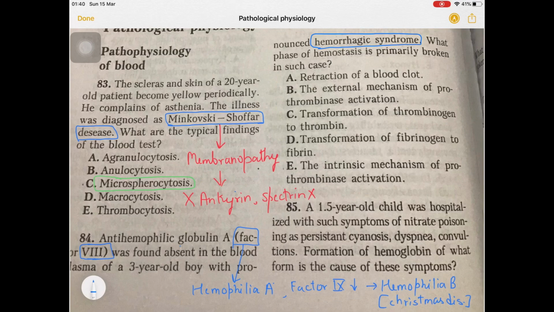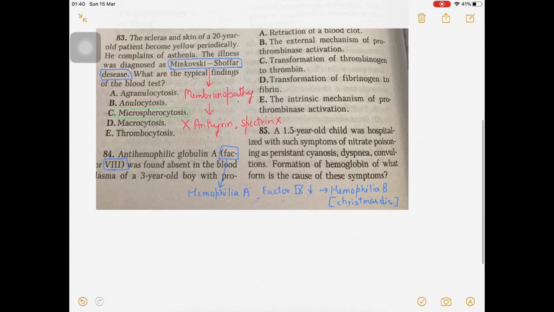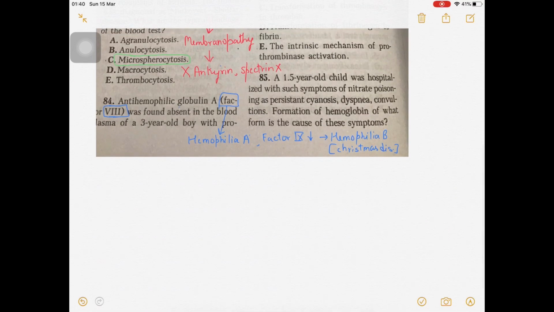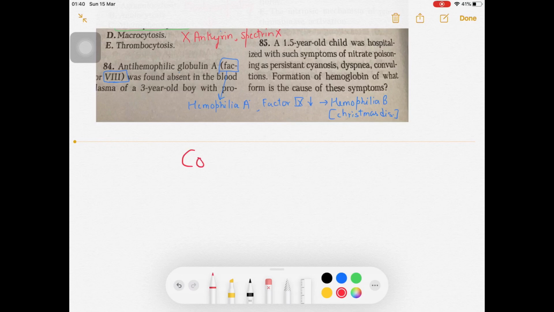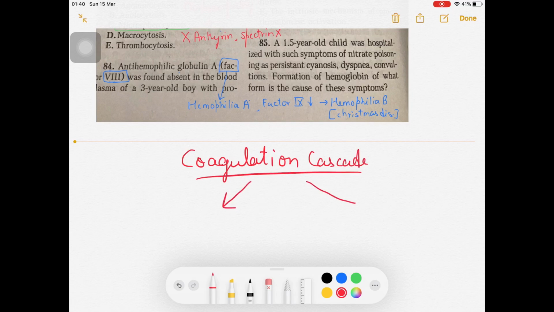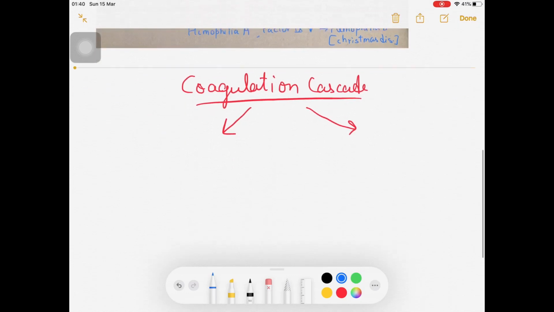So look, if you talk about factor number 8, look over here please. If you know about the coagulation cascade, we are having two pathways, one is extrinsic and one is intrinsic.